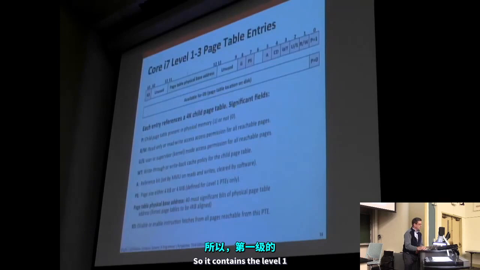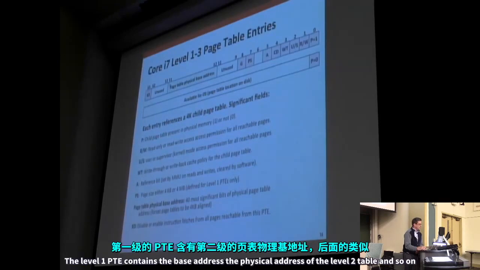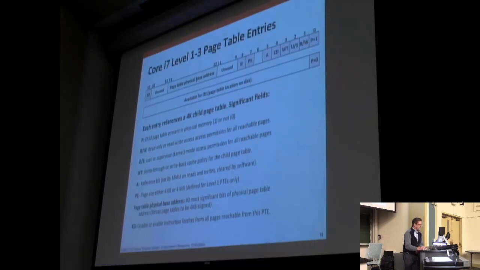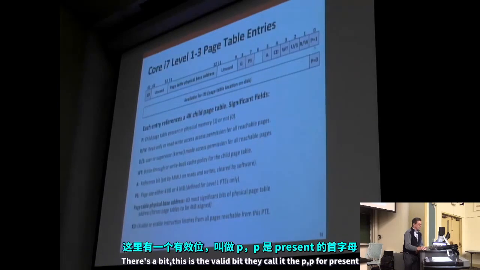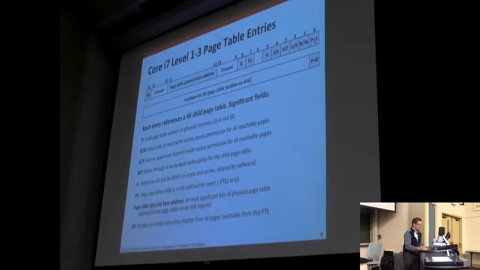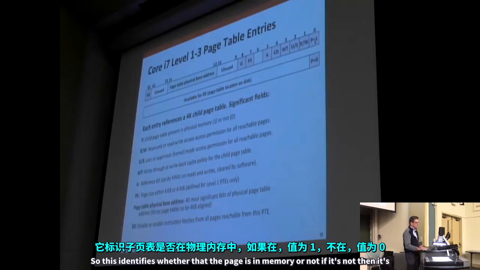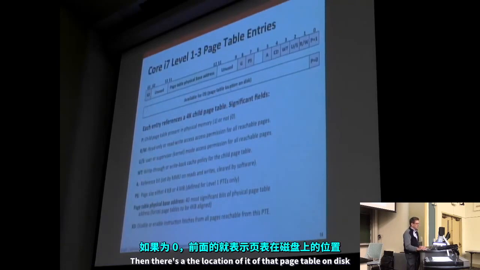So the level 1 PTE contains the base address, the physical address, of the level 2 table, and so on. There's a bit, the valid bit, they call it P for present. This identifies whether the page is in memory or not. If it's not, then there's the location of that page table on disk.